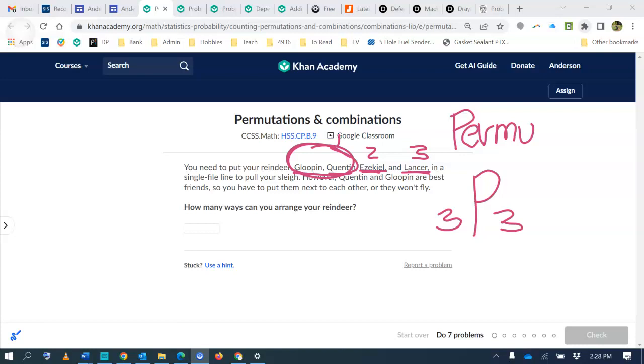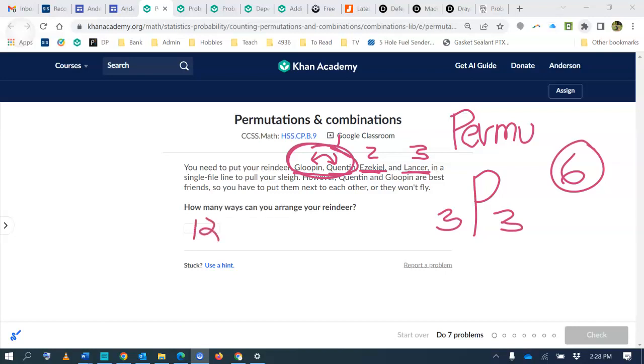You get 3 factorial over 0 factorial. 3 factorial is 3 times 2 times 1, which is 6. So we have 6 options. However, Glupin and Quinton can be flip-flopped. We could put Quinton first in each of these 6 matchups. So really, we have 12 ways to arrange these reindeer.